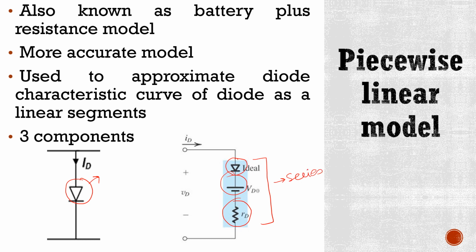So this is your real diode model, and this is the piecewise linear model.